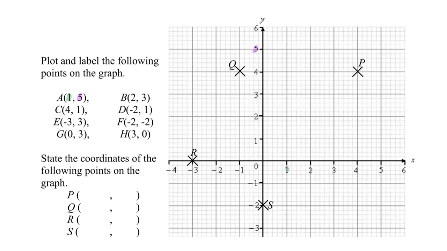So for those who need it, you can see where the point is already. Because at this particular point, x is equal to 1, y is equal to 5, and that's the position.